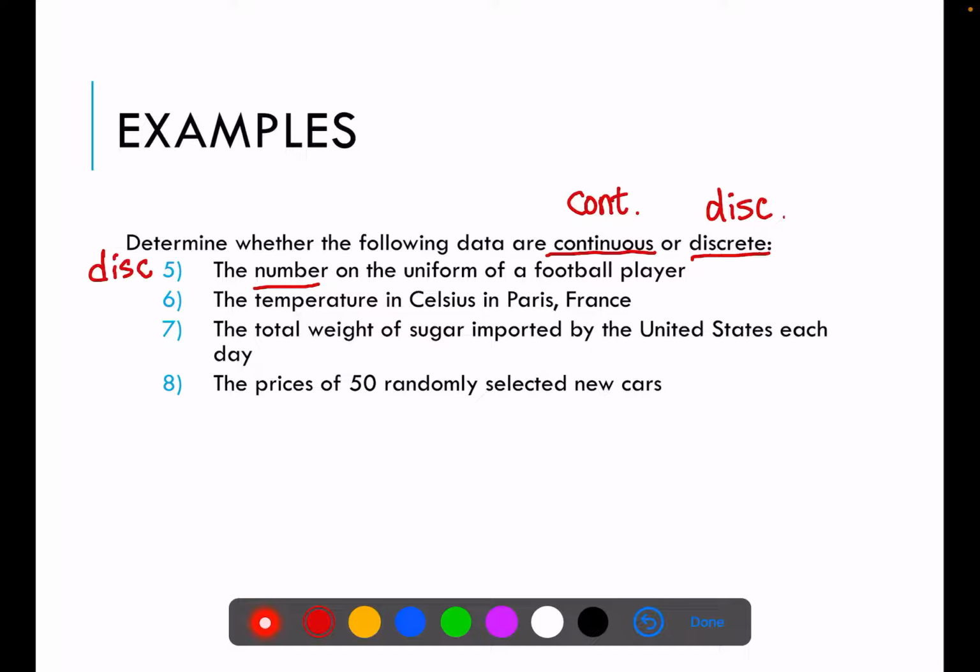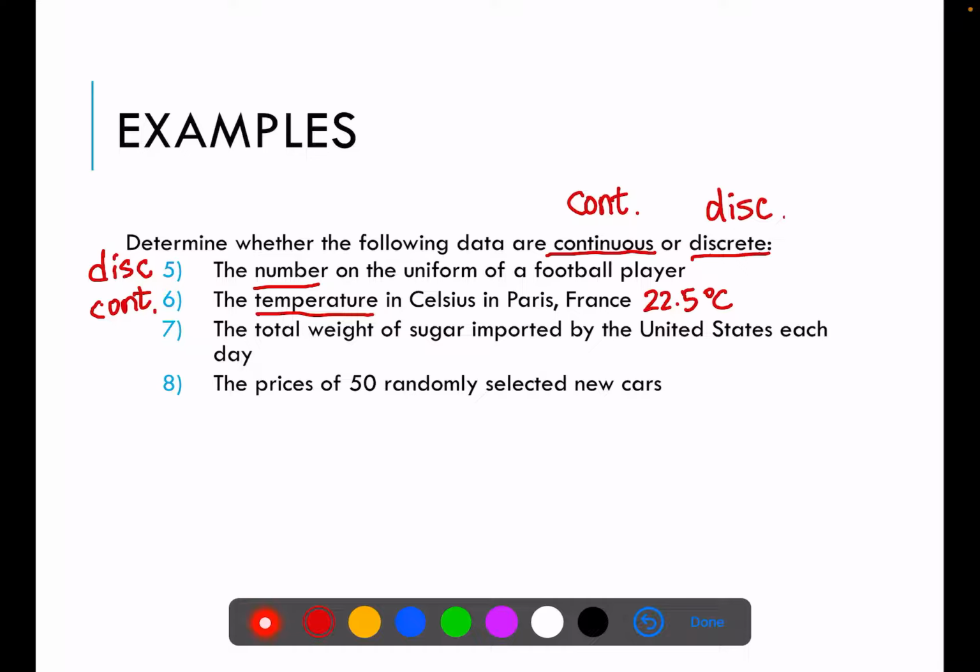The temperature in Celsius in Paris, France. The temperature you can have 22.5 degrees Celsius. Okay, you can have a decimal. So it's a continuous variable.